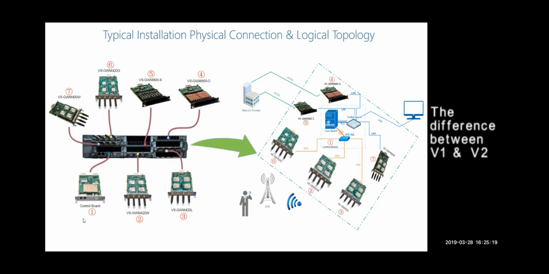Now we go to the V2. As you can see, board 1 is a core board. It's based on the switchboard. We add a USB hub, and we add a core board with a 4 core Intel CPU.